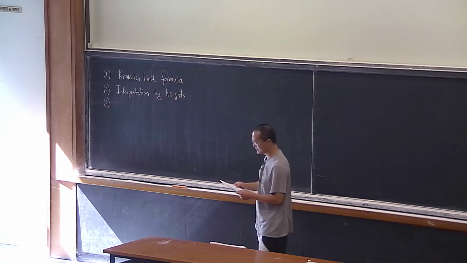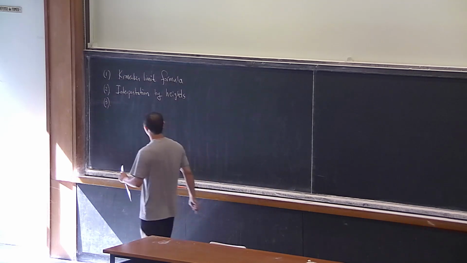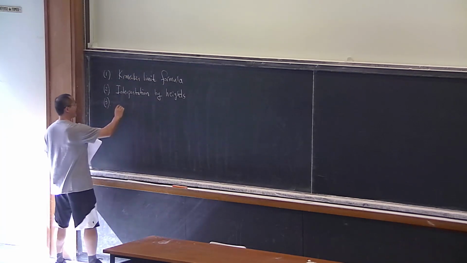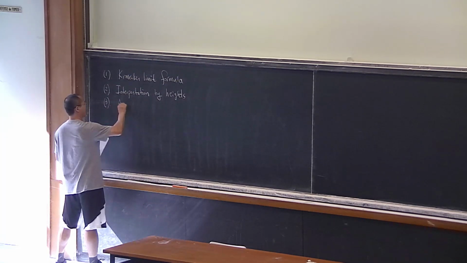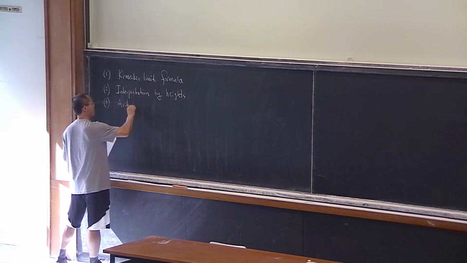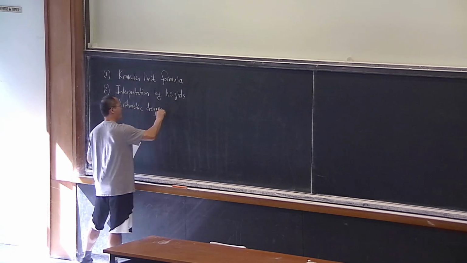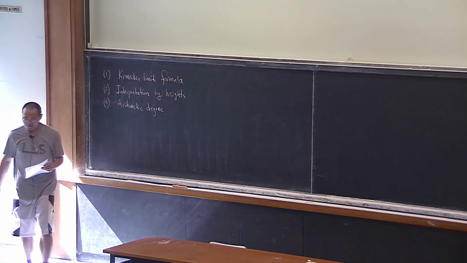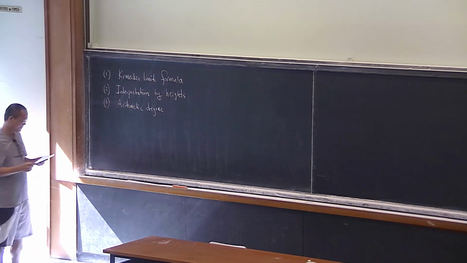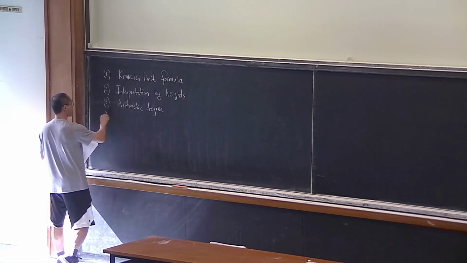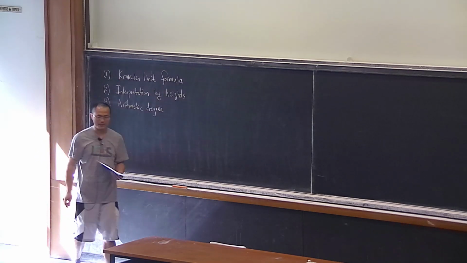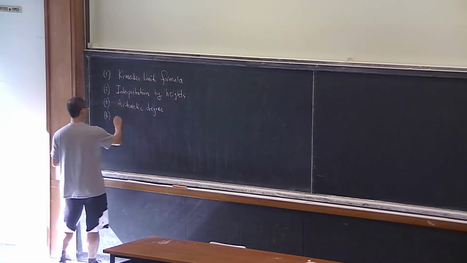our kind of geometry. So now the third one is the main result: the formula for arithmetic degree. And then number 4 is about some other formulas.